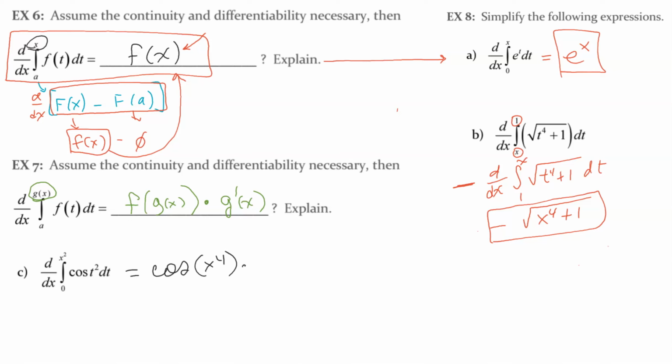But what you'll forget is you have to multiply by the derivative of g of x, which is 2x. And that is it. Remember, the chain rule will apply when you have a composite function.